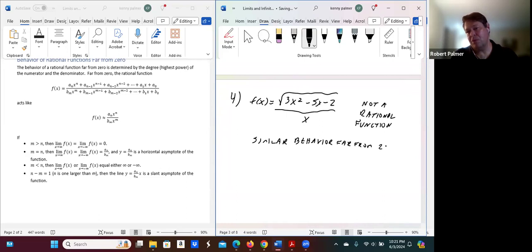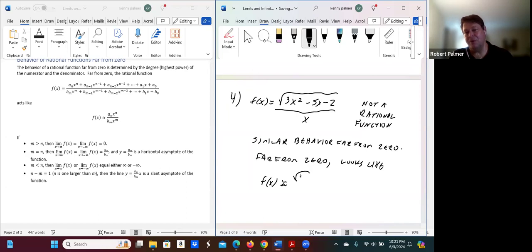A similar behavior far from 0. Once again, the higher powers will dominate. So this looks like f of x approximately equal to the square root of 3x squared over x.